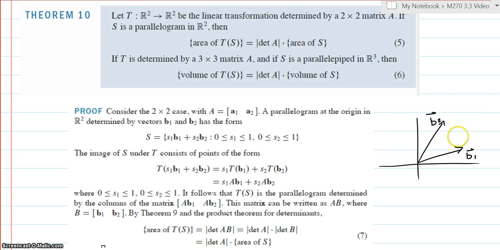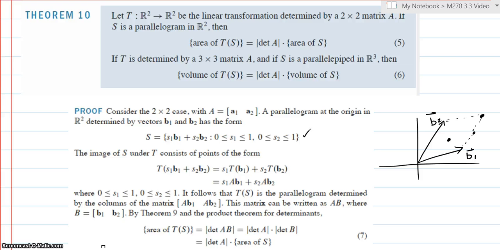This makes sense because here's B1 and B2, and here's the parallelogram that forms those two. And any point inside here is going to be, well, this point right here is the endpoint, that's B1 plus B2, and all these points are fractions of that, aren't they? So for instance, this one would be B1 plus half of B2, or this one right here would be half of B1 plus half of B2. So that's where they got that.